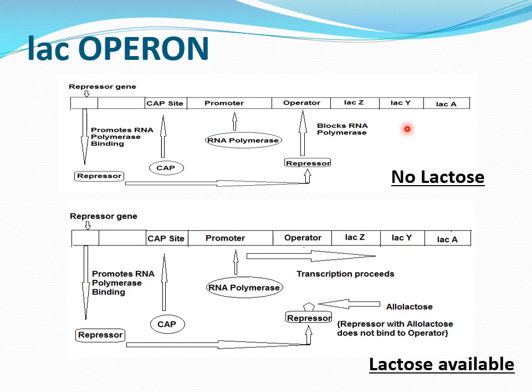And the third enzyme is the beta galactoside transacetylase. So the genes for these three enzymes are present in the form of a polycistron.